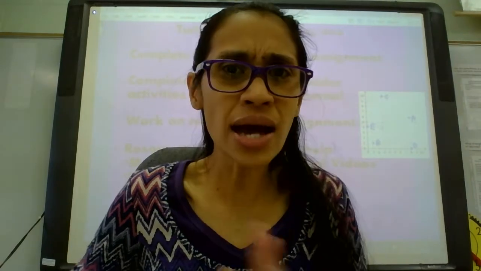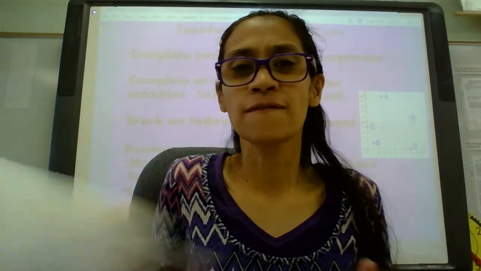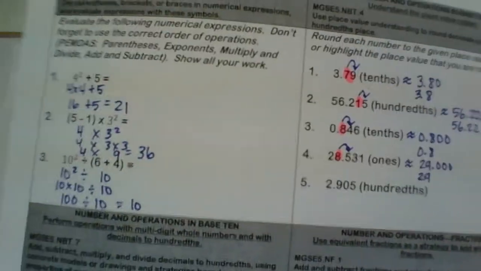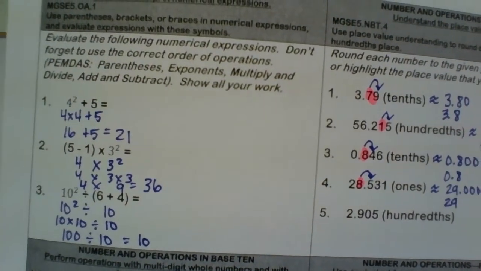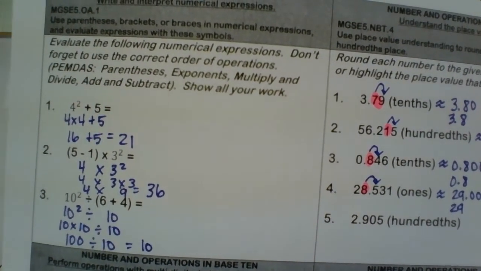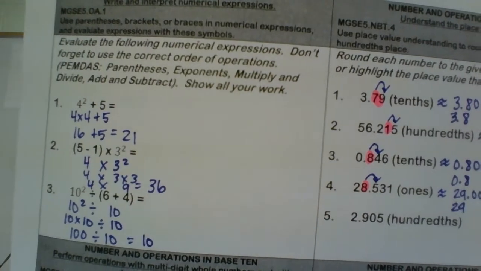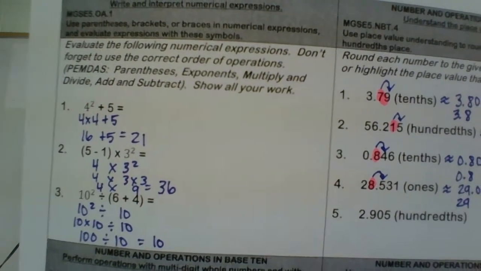We're almost done. On to the last question for this rounding section. Look at number 5. Number 5 says, read it with me, 2 and 905 thousandths. What number is in the hundreds place? Tens, hundreds, thousands.